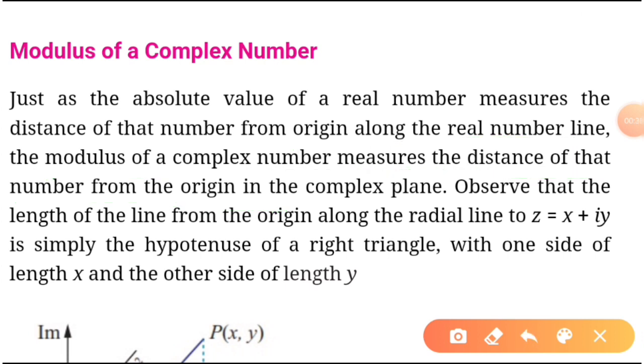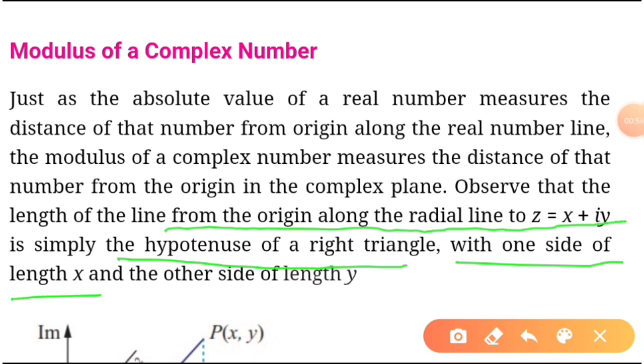Observe that the length of the line from the origin along the radial line to z equal to x plus iy is simply the hypotenuse of the right triangle with one side of length x and the other side of length y.